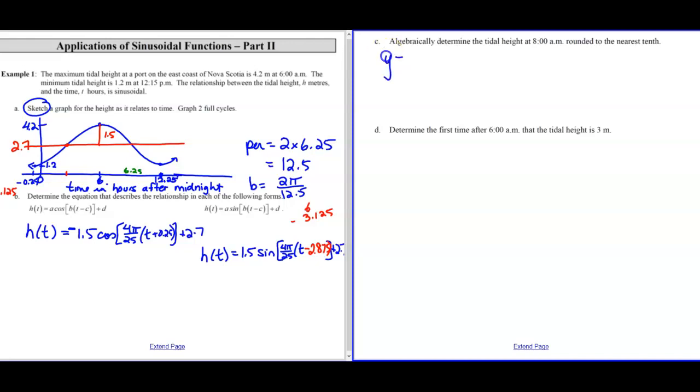So I'm just going to copy it out. Okay, 8 a.m. is how many hours after midnight? 8. Okay, 8 hours. Take a look here. Just make sure. It says time is measured in hours, so that's good. We'll put 8 in here.